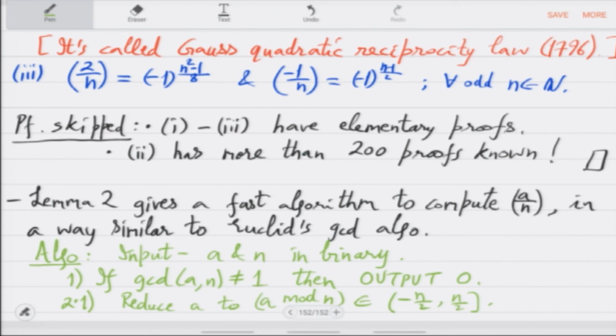Now there are two cases: a may be negative or a may be positive.